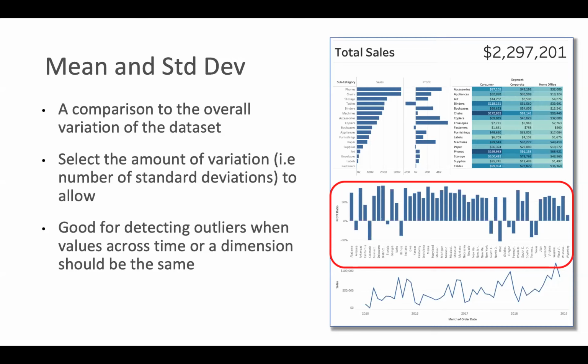But for now, at a high level, if you have an assumption that your metrics are not changing across category or time, or that they should not be different across categories and time, then using a mean and standard deviation is a reasonable approach. And really what you're trying to do is get a sense of the underlying variability of your data set, and try to identify those individual elements that are exceeding that expected variability.